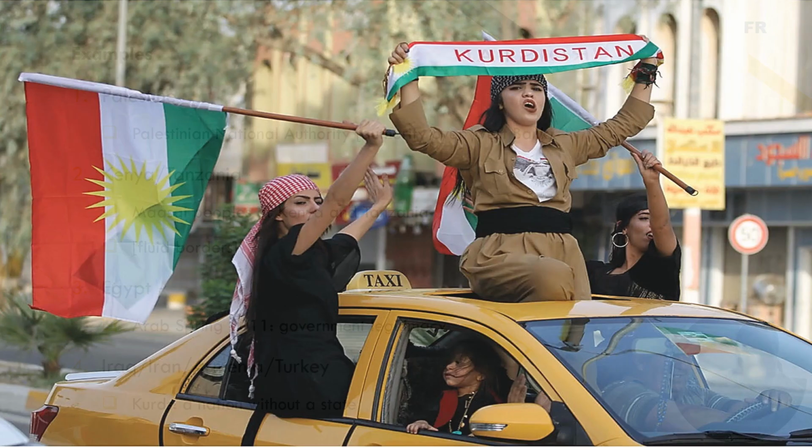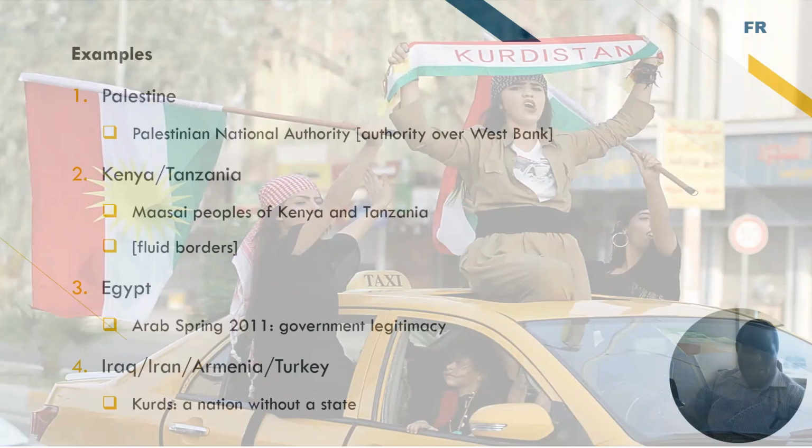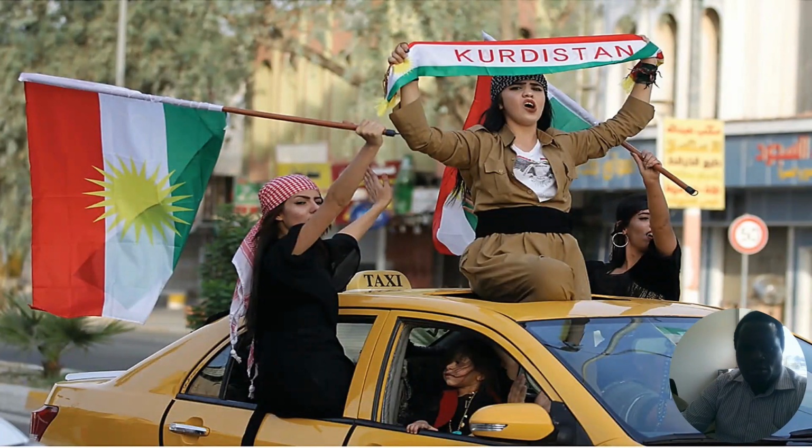Now, moving forward, for example, Kurdistan, as we mentioned, is one such state that is really a nation without a state.